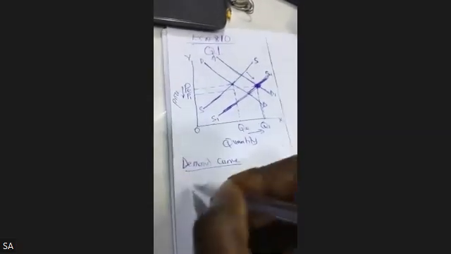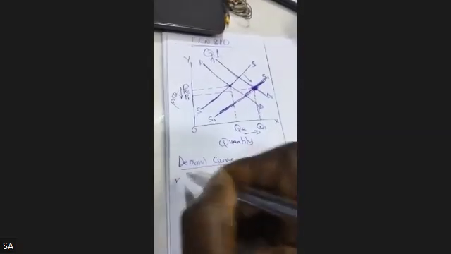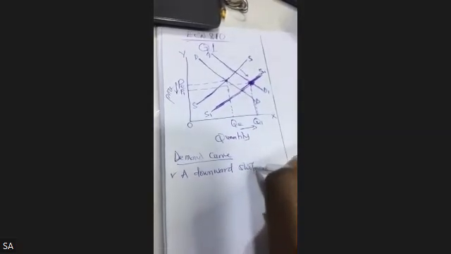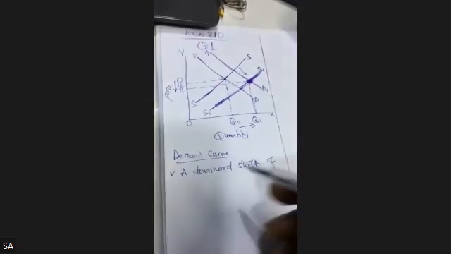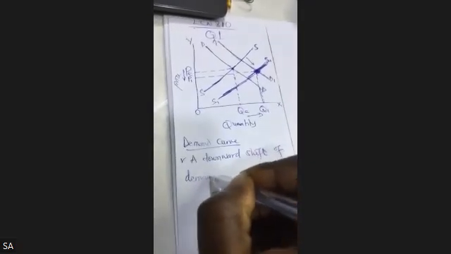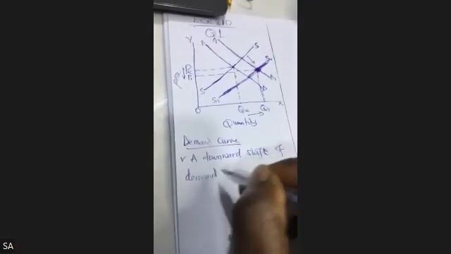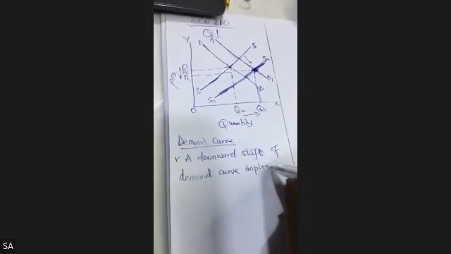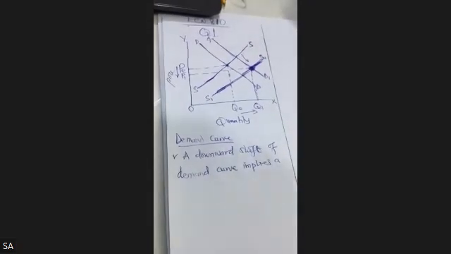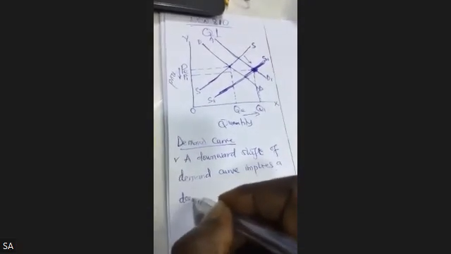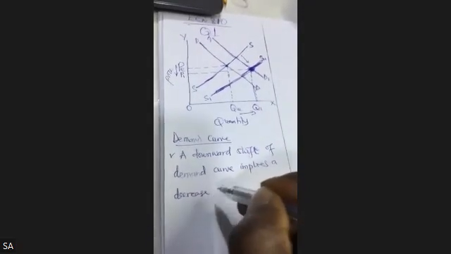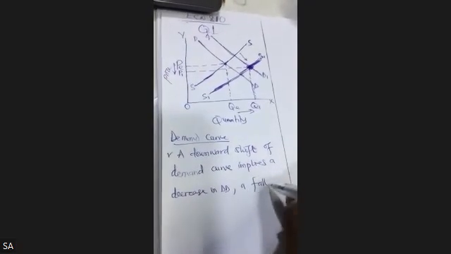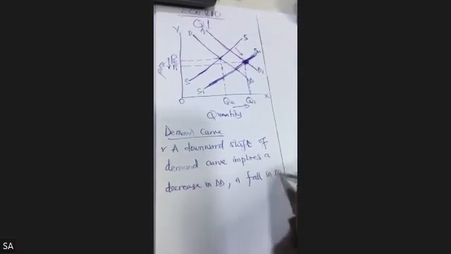Class, a downward shift of the demand curve implies a decrease in demand, a fall in demand.